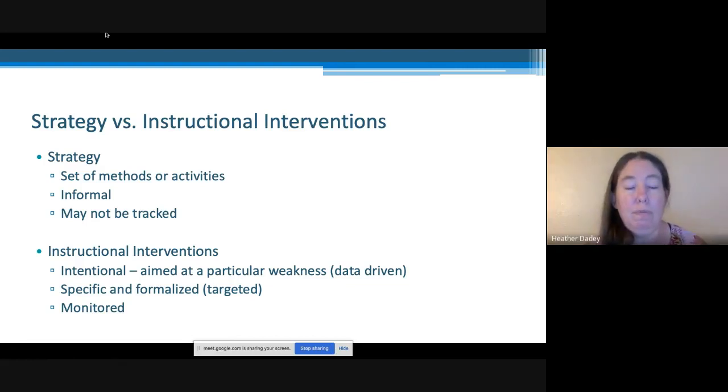This is a good slide to show to your staff so they get an idea that strategies and interventions look massively different. When we're talking about Tier 2, we need something measurable. We need something that we can track. Therefore, we need interventions rather than a strategy.